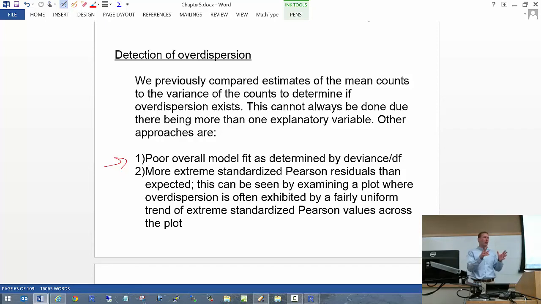We already saw some residual plots in the past where we saw what that meant, that you have larger residuals consistently throughout your data than what you would expect. And that should be evident with a deviance divided by degrees of freedom statistic that's past the threshold that we've set.